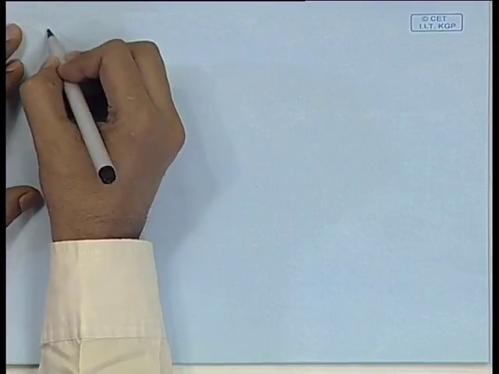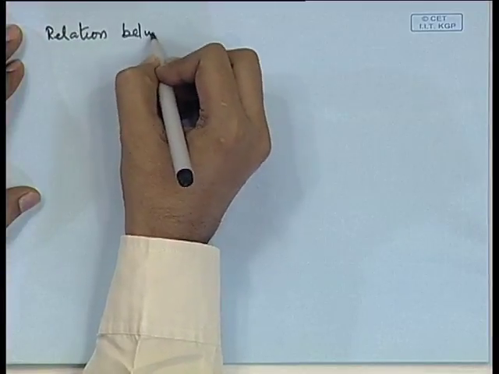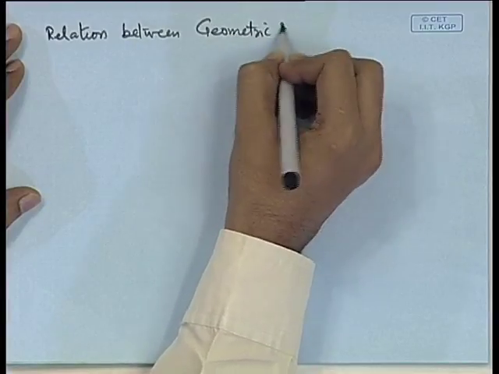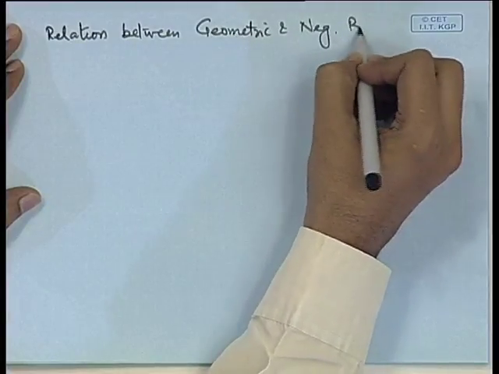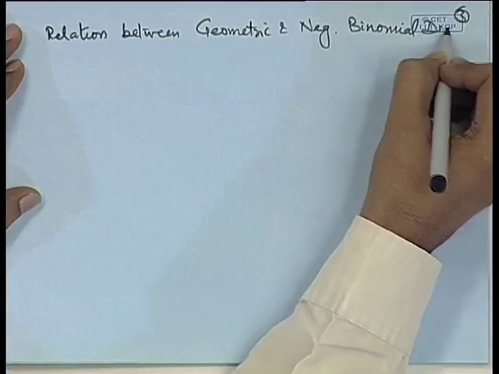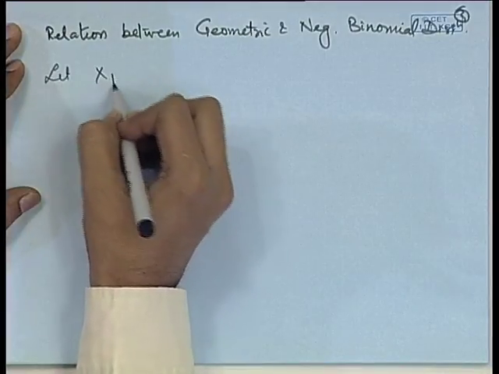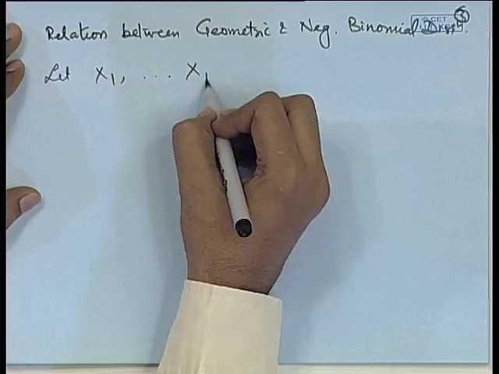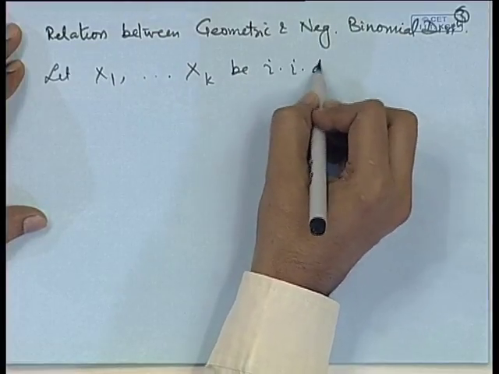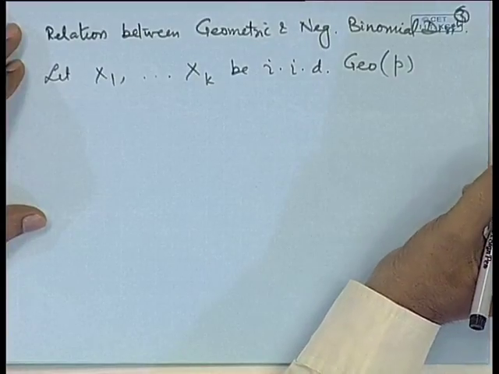Let us consider a relation between the geometric and the negative binomial distribution. Let X1, X2, ..., Xk be independent and identically distributed geometric random variables with parameter p.